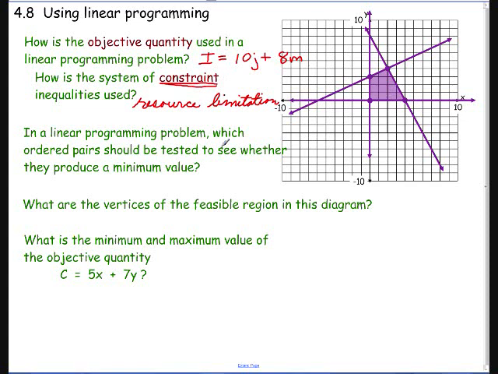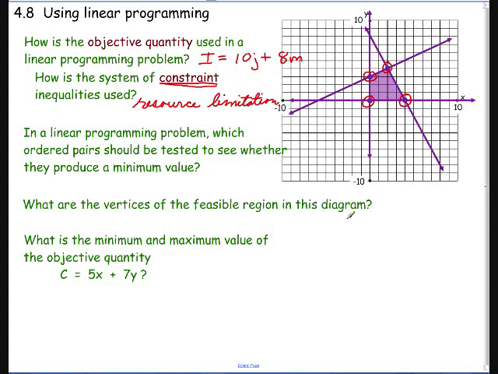In a linear programming problem, which ordered pairs should be tested? We're going to test the vertices, because it is at the vertices that we will find our minimum and maximum values.